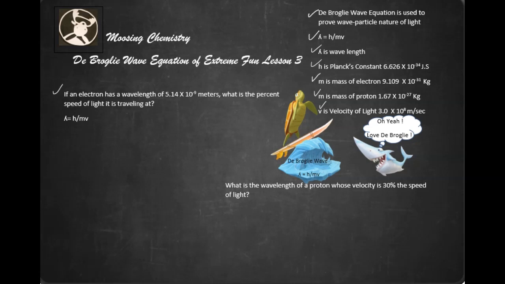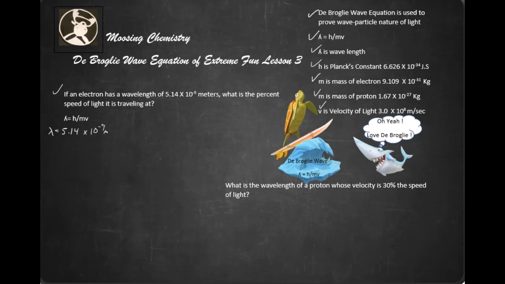If an electron has a wavelength of 5.14 times 10 to the negative 9 meters, what is the percent speed of light it is traveling at? Well, let's go ahead and figure out what we know. We know that lambda, which is our wavelength, is 5.14 times 10 to the negative 9 meters.